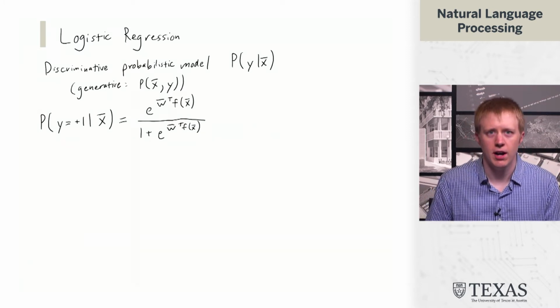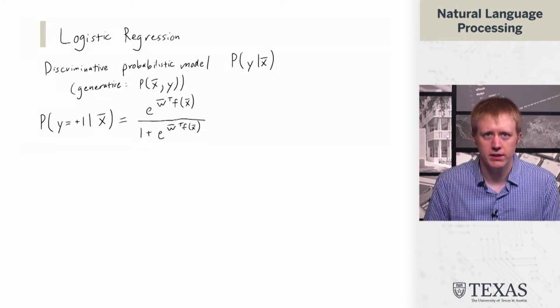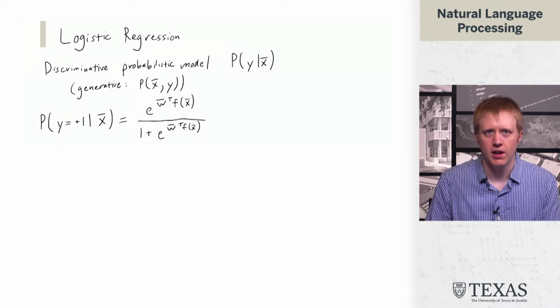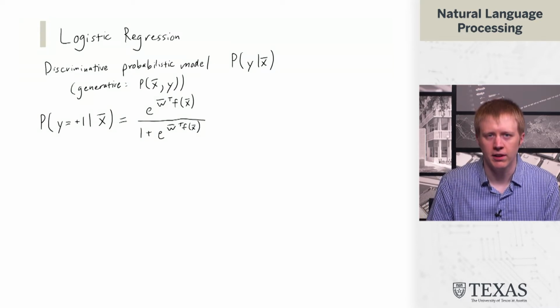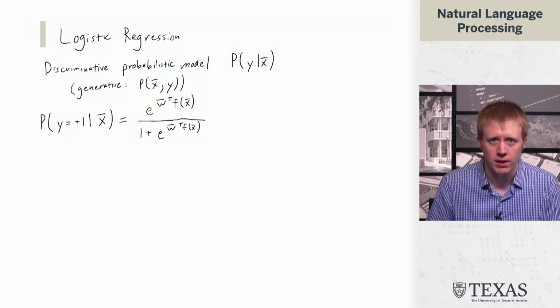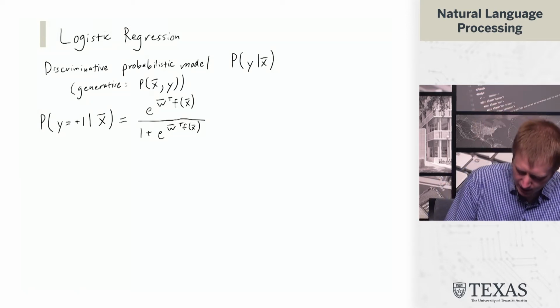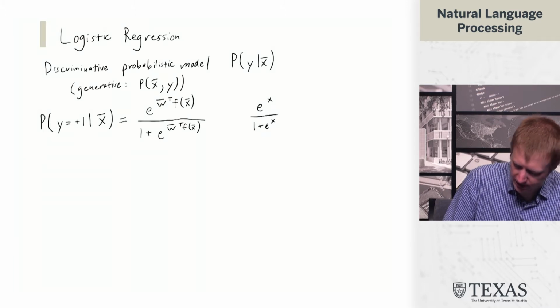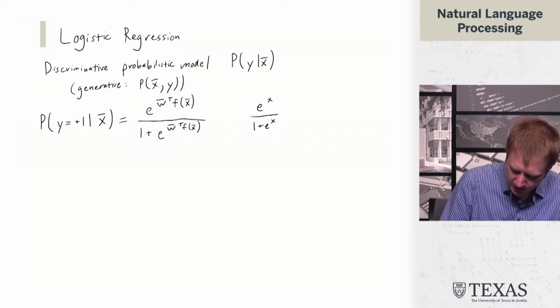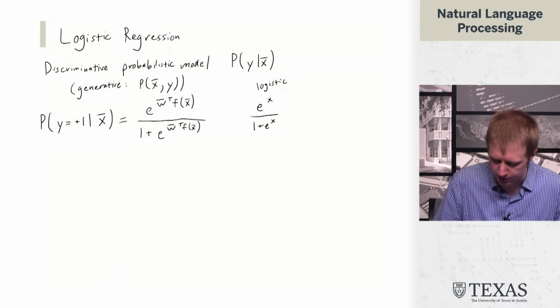What you should notice is that we still have this dot product of the weight vector and the feature vector, which was characteristic of the perceptron algorithm as well. But now we've embedded it in this function e to the x over 1 plus e to the x. And so this is called the logistic function, which is where the name logistic regression comes from.